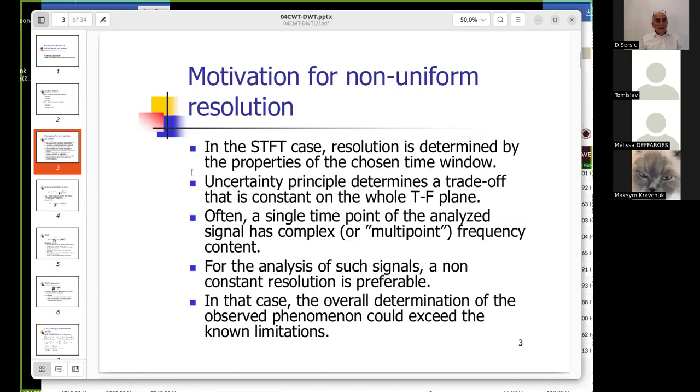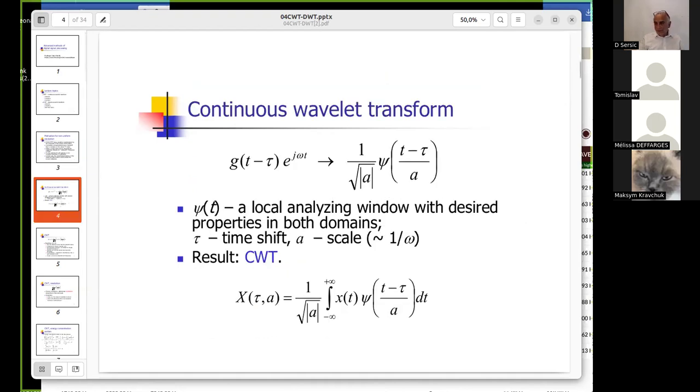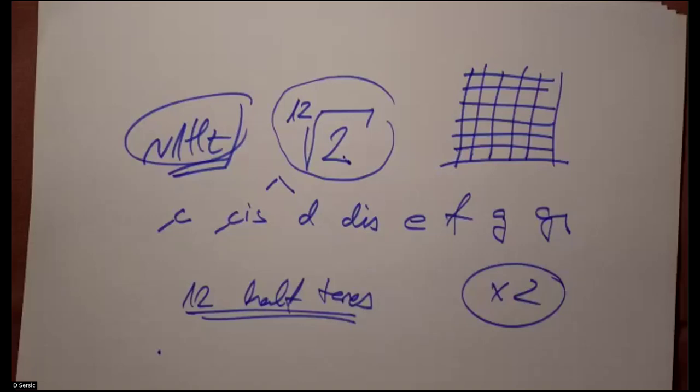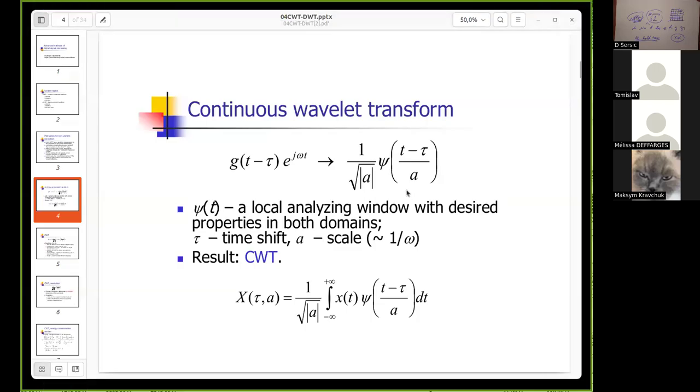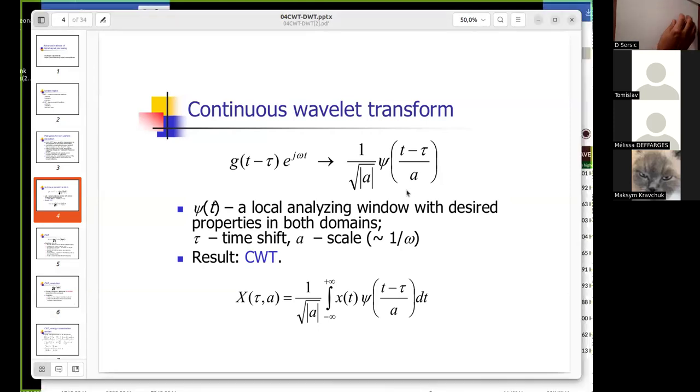So that brings us to another idea. Instead of having such a uniform resolution, we are going to leave the idea that our transform must look exactly like the Fourier transform.